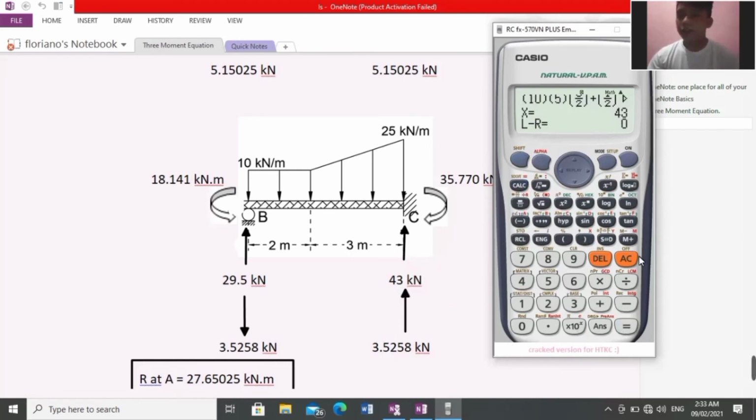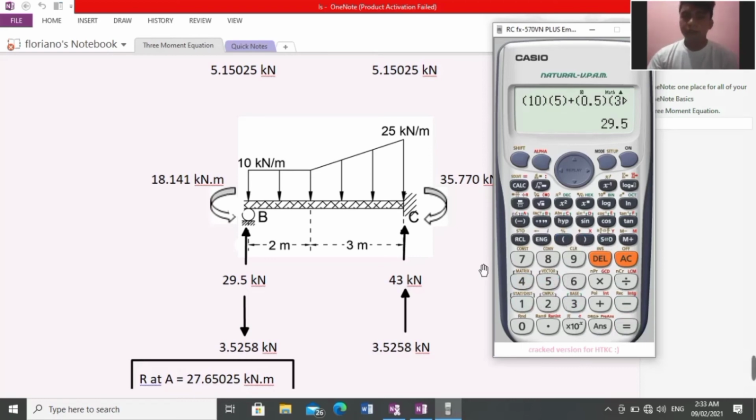So, summation forces y na lang tayo. So, 10 times 5 plus 1/2 or 0.5, the base is 3, the height is 15. Diba? Minus 43.